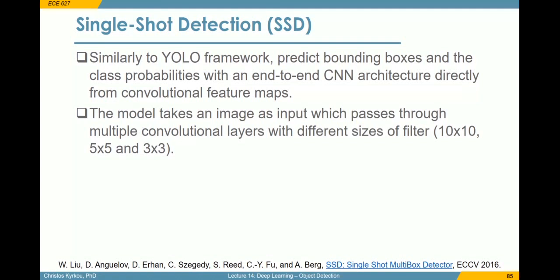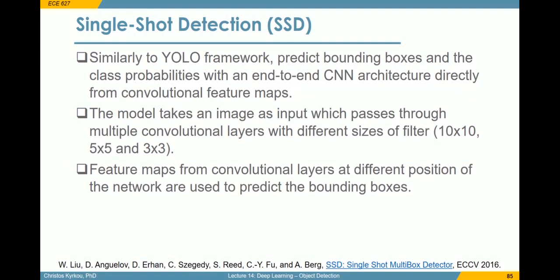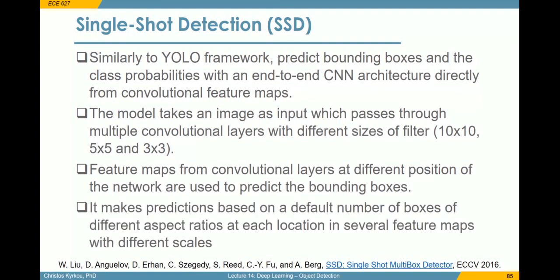But it formulates the detection task a bit differently, and it has a different convolutional network and a different architecture. Specifically, the main difference, especially with the earliest version of YOLO, was that it uses different feature maps from the convolutional network to make predictions at different positions.